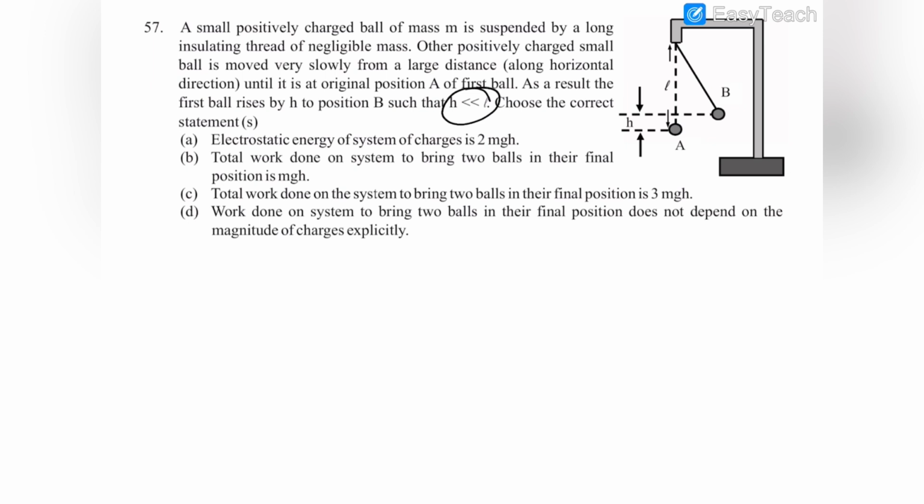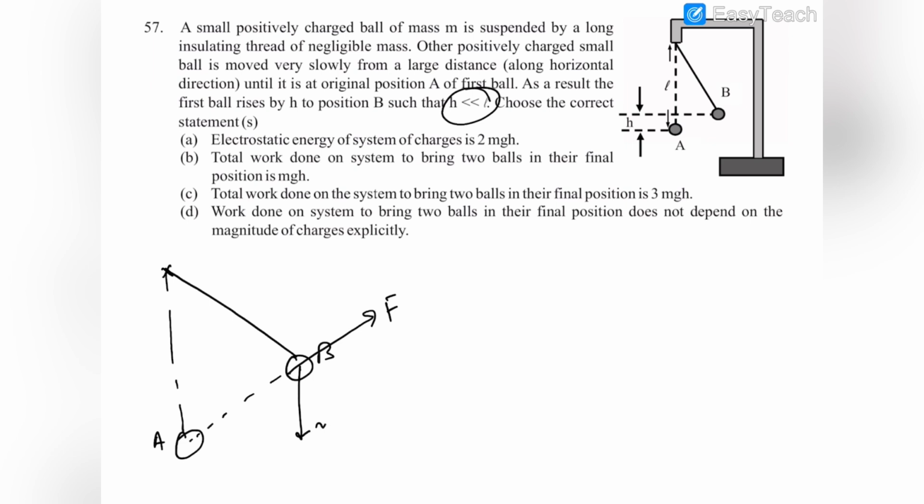So let us first of all draw the free body diagram. We can see that ball A is at this position and ball B is at this position. Now ball A would be pushing this ball B with some force F, and mg would be acting in the downward direction, and tension would be acting like that.